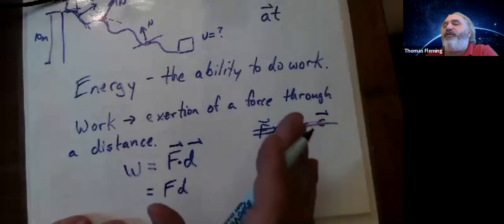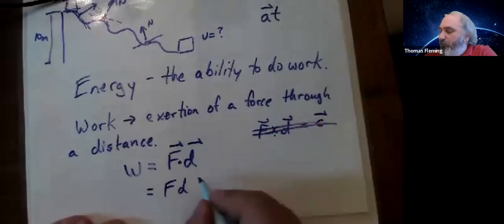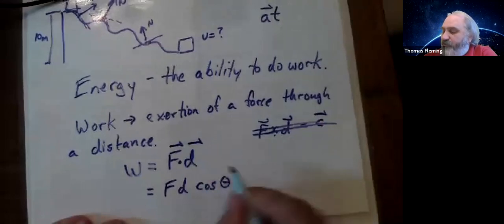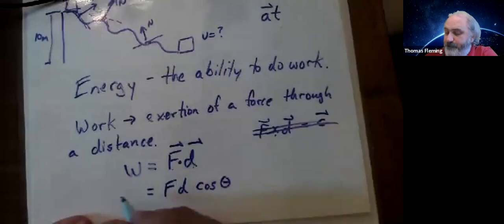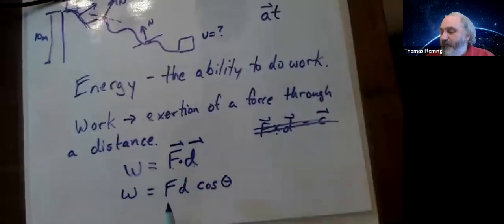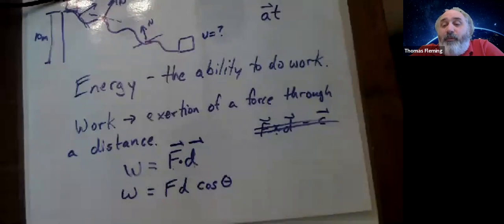But we'll deal with the direction portion by multiplying by the cosine of the angle between F and D. So when you see F dot D, know that in your head, you'll take the magnitude of F times the magnitude of D times the cosine of the angle between them, and that's how you'll calculate that dot product.